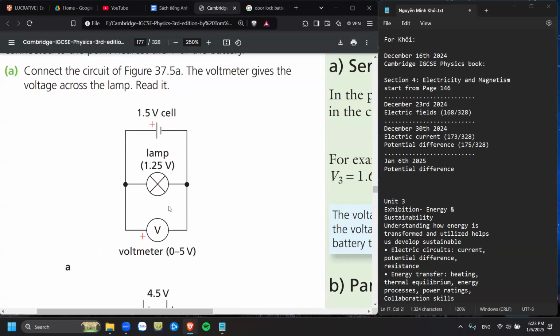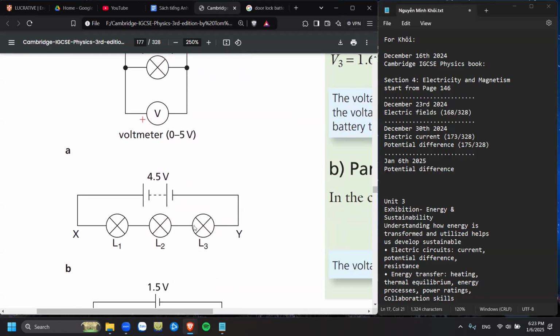So the voltmeter is there to measure the difference between these 2 points. Is it understandable? Good, good. You got it.